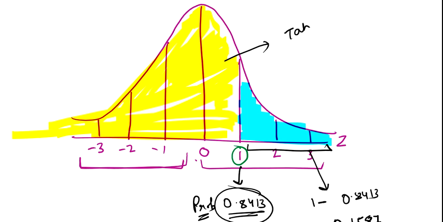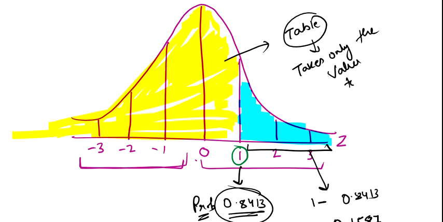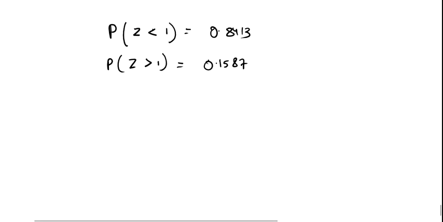This is the concept of the table, that it takes only the value towards the left. So if I want to know the probability towards the right, I need to use one minus the value. This is how I get the probability for both sides.